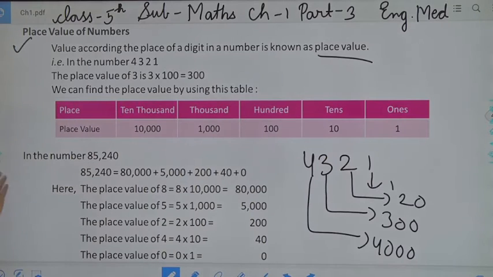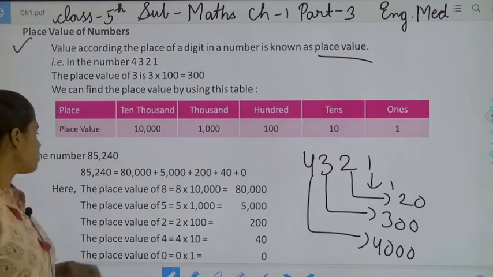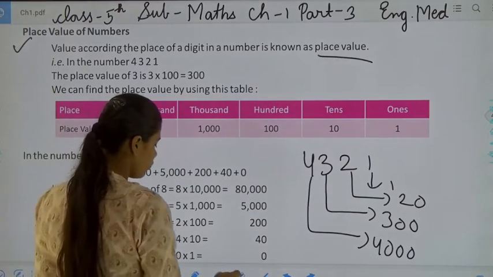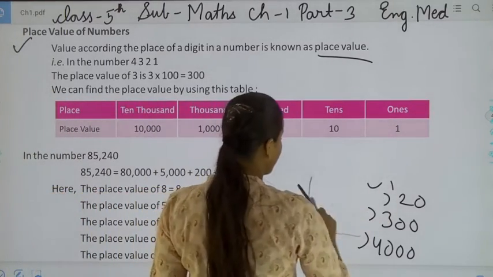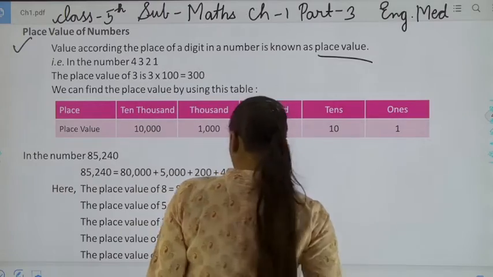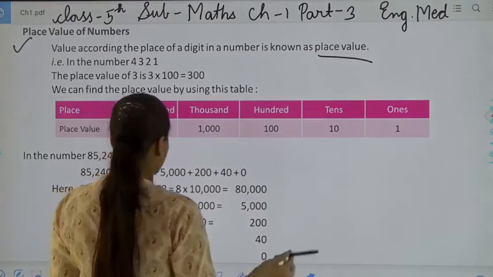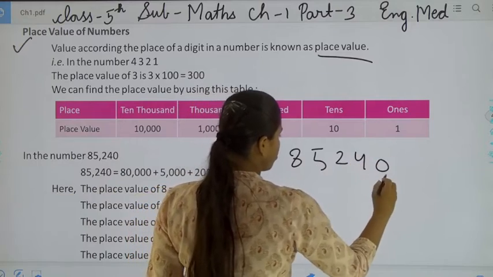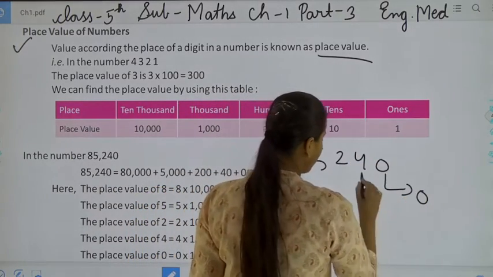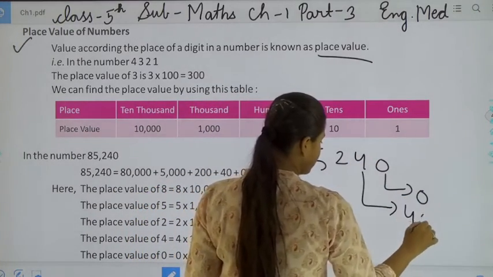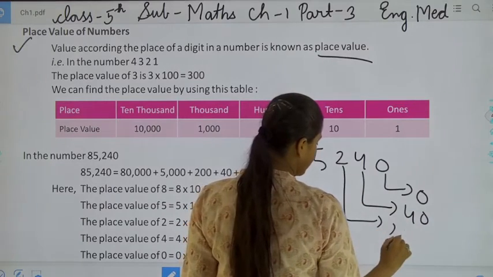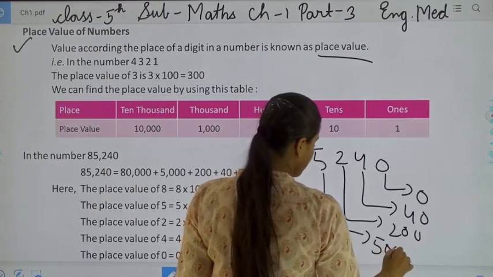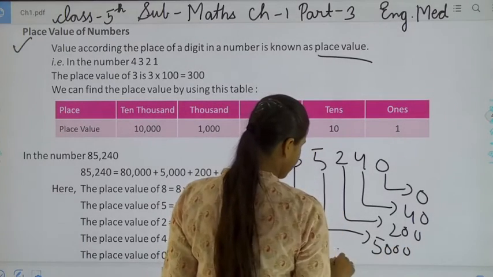Now in the number 85,240, we have to tell the place value. So what we have to do, we have to expand and then tell the place value. So this is ones, tens, hundred, thousand and it will be 10,000.